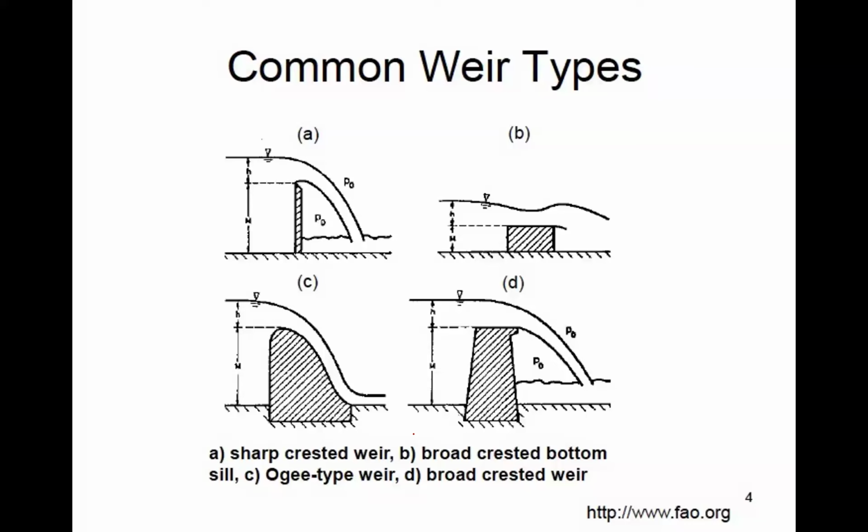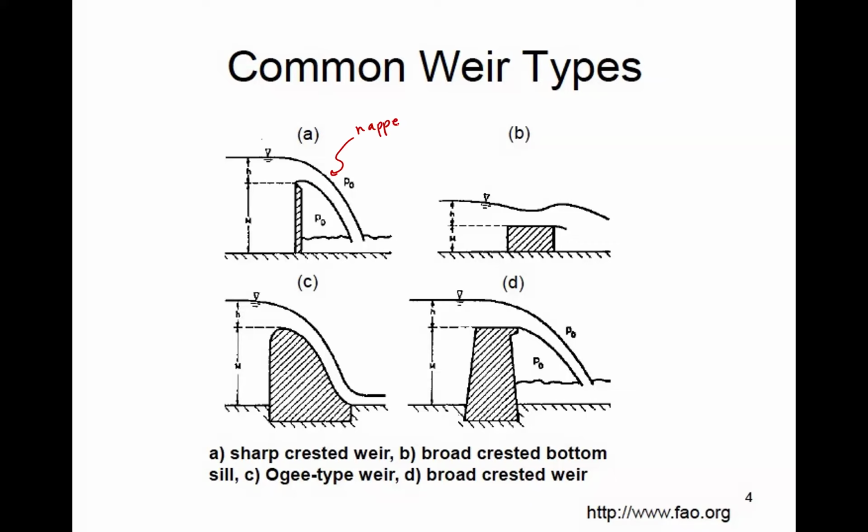So that's what we see in this first image A, in this figure. Flow goes over this weir, and we get what is called the nap. It's basically the flow trajectory, which is almost like a free-falling object in basic physics.